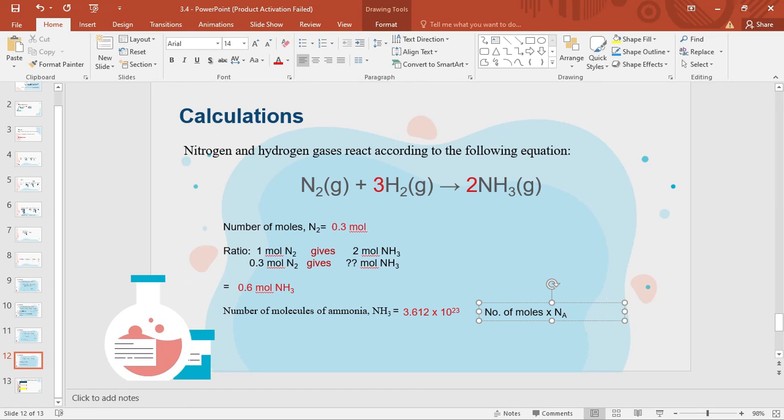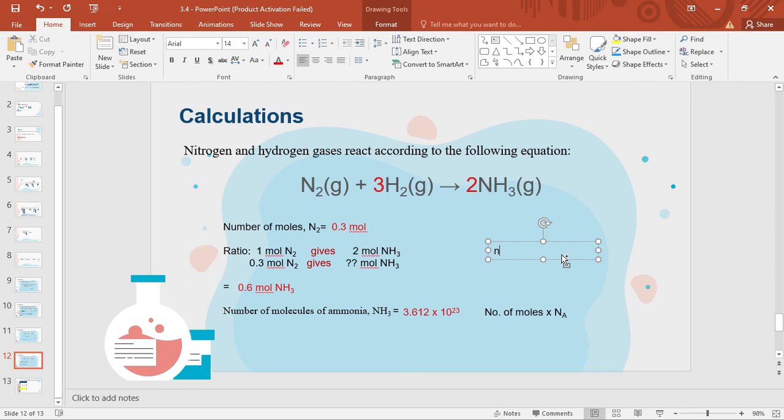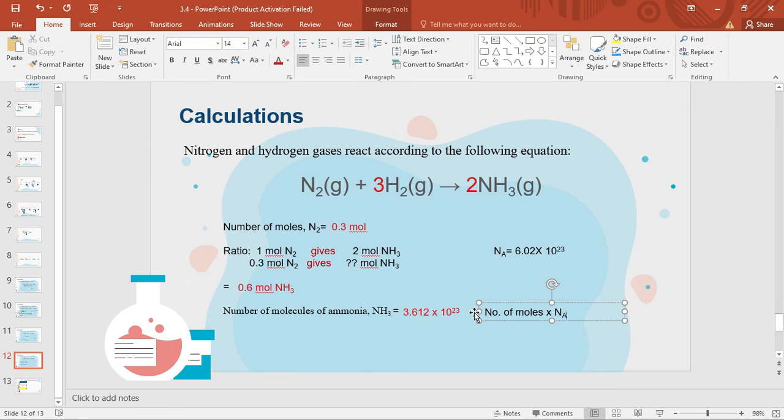Times NA, Avogadro constant, Avogadro 6.02 times 10 to the power of 23. Ya betul. Dapat cikgu.